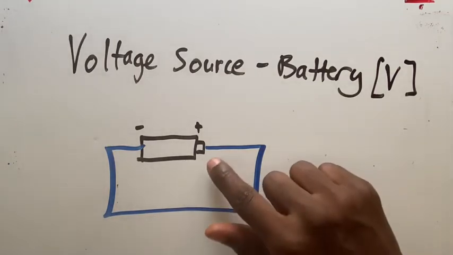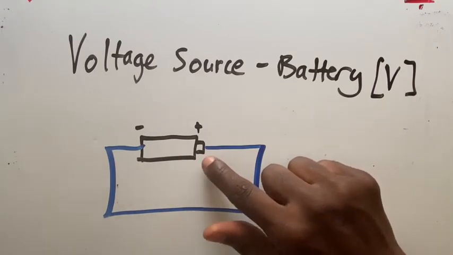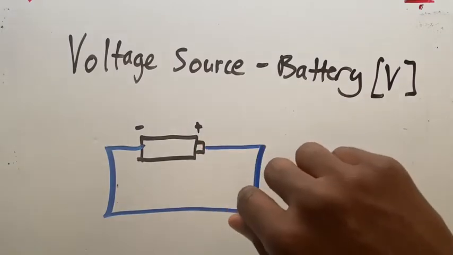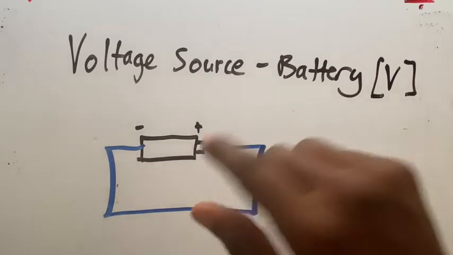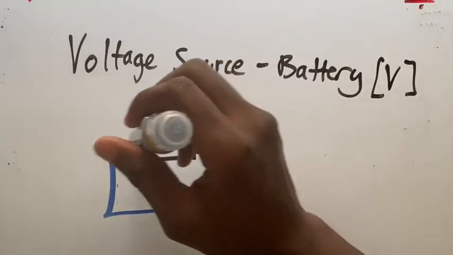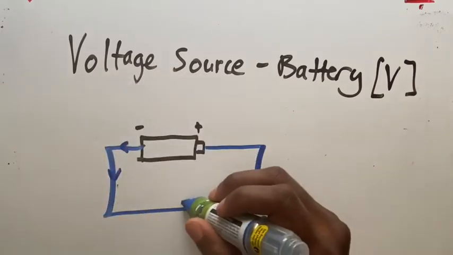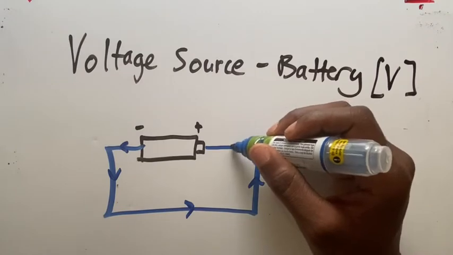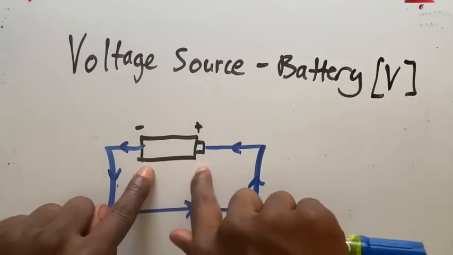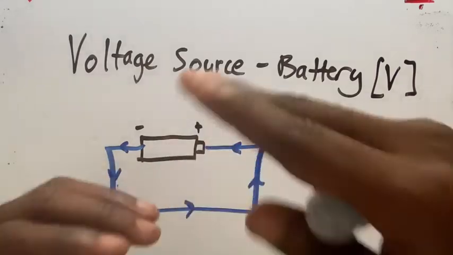So now you can imagine the electrons in this wire are going to be pushed away from this negative end and go towards the positive end. Because of this voltage source, this battery, or this potential difference, or electric potential, I'm just saying it in different ways.